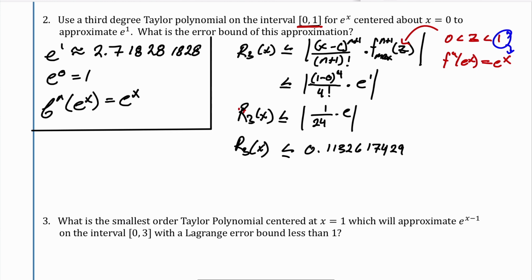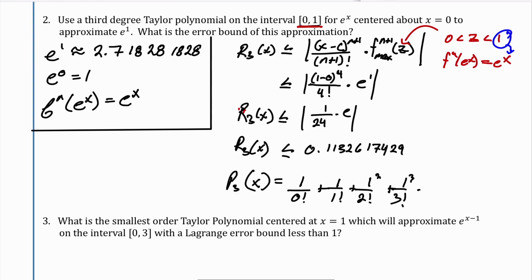Third degree Taylor polynomial is going to be p sub 3 of x equals e to the 0, 1 over 0 factorial, plus 1 over 1 factorial, plus 1 squared over 2 factorial, plus 1 cubed over 3 factorial.